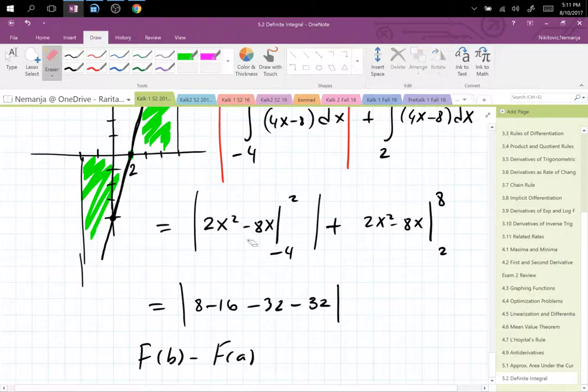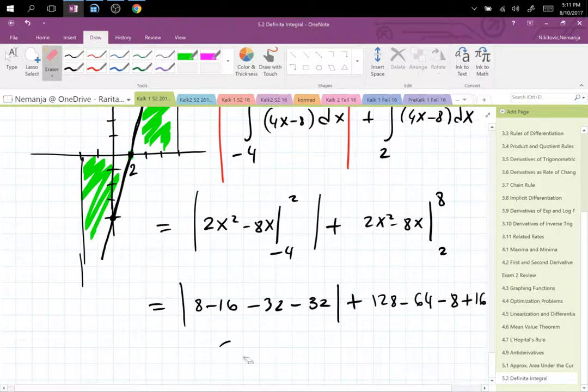When you square the negative 4, though, does that negative go away? Yes, and it did for this one. Because when I square negative 4, I get positive 16 times 2, but then there's this negative here, which makes it negative. So this should be it. And then plus 64 times 2, 128, minus 64, minus 8, and then plus 16. It's a lot of calculations.